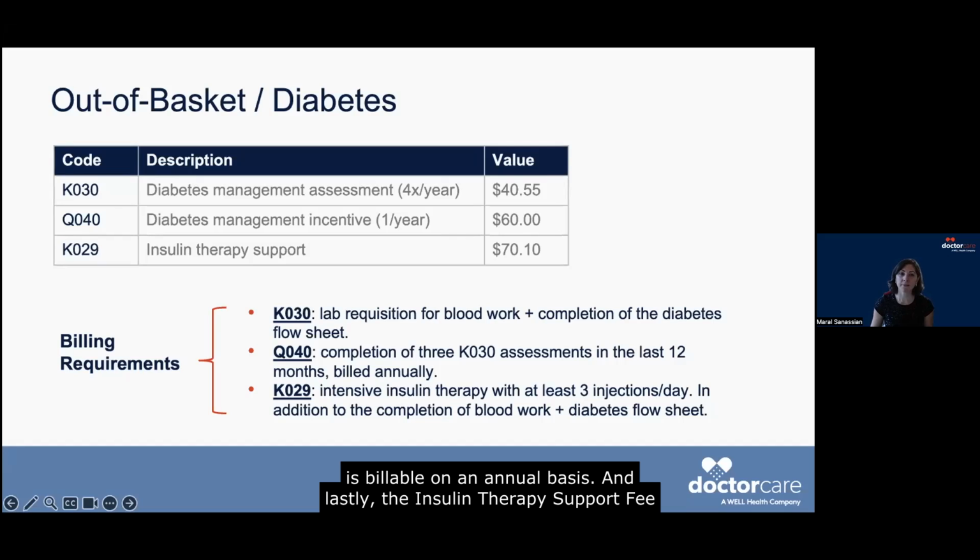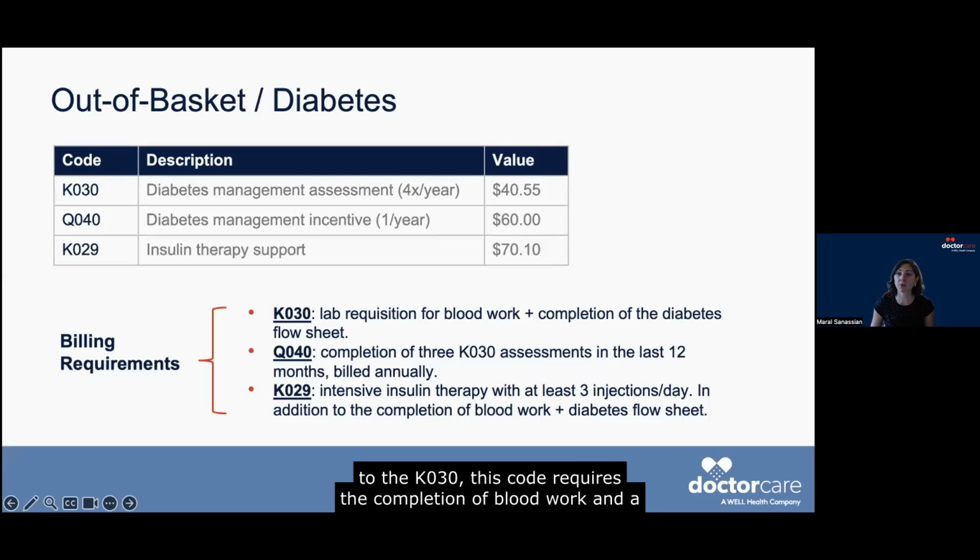And lastly, the insulin therapy support fee code, which is the K029, is payable to physicians who provide support and counseling on intensive insulin therapy, requiring at least 3 injections per day, or using an infusion pump, or training on insulin for patients who use glucose meters, insulin pumps, or insulin pens.